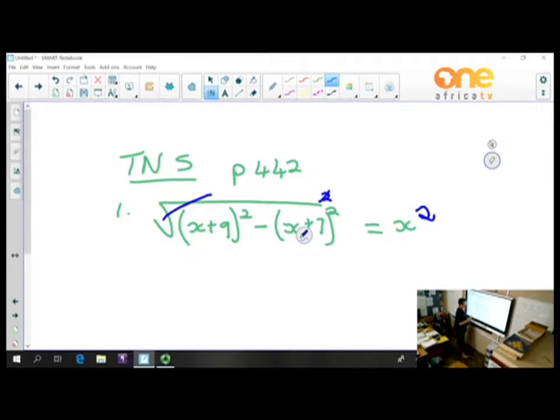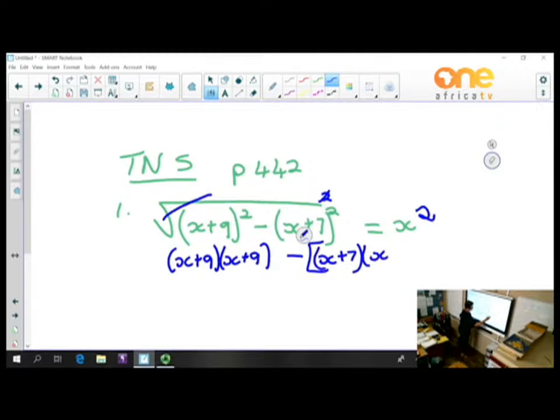Now it's just a little bit of algebra that I'm going to use here. We did the algebra last year. Just remember that this is x plus 9 times x plus 9 minus, and I will put it in separate brackets here, x plus 7 times x plus 7 is equal to x squared.